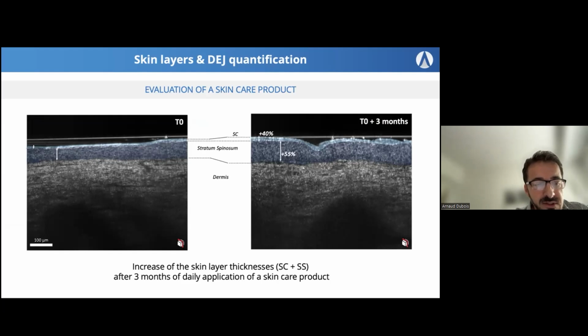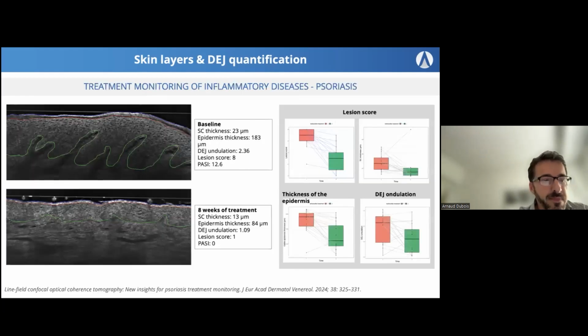So this study clearly demonstrated an effect of the product. Here, it was a study of the effect of a product for the treatment of an inflammatory disease, psoriasis. After 8 weeks of treatment, a major change in skin structure was observed. In particular, the very undulated dermal-epidermal junction became much flatter.